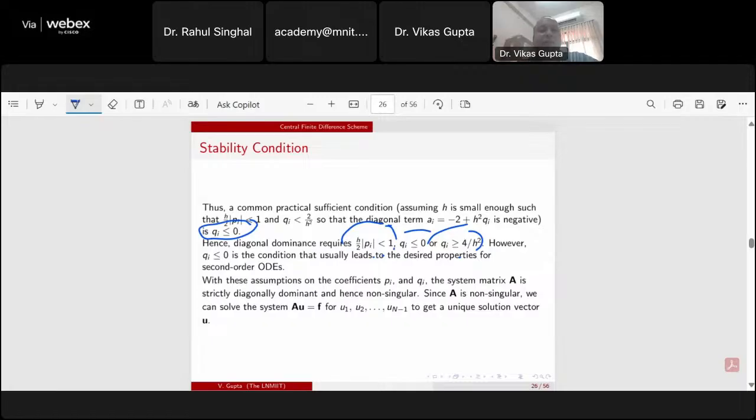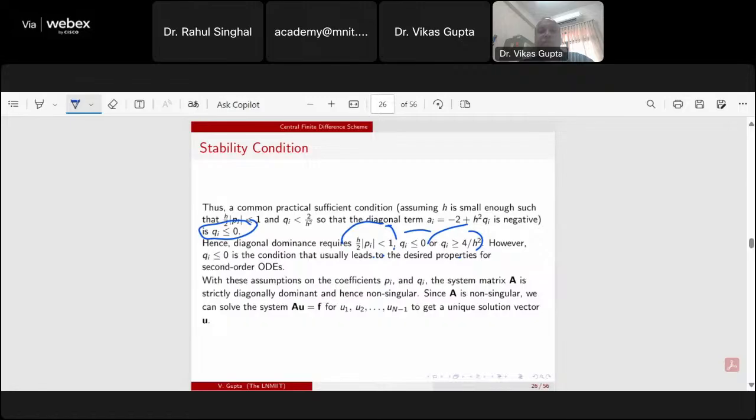Okay, so we have these restrictions, and we already took that pi is positive, so h by 2 pi should be less than 1. So in that case the mesh width h should be very small, and that is the restriction for the stability of the matrix A. If the mesh width h is very small while you are solving a given two-point boundary value problem with the central difference scheme, then you can get a stable system.